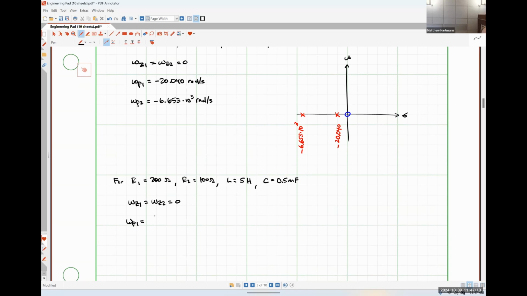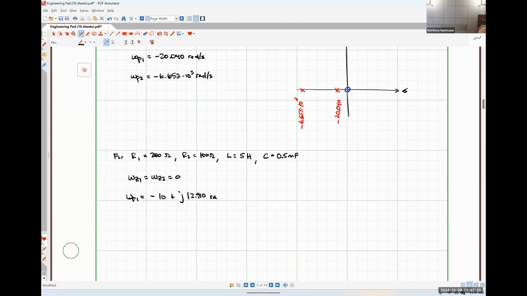Omega P1 would be at negative 10 plus j 12.910 radians per second. And omega P2 would be at negative 10 minus j 12.910 radians per second, giving us a pole zero constellation that looks something like this.